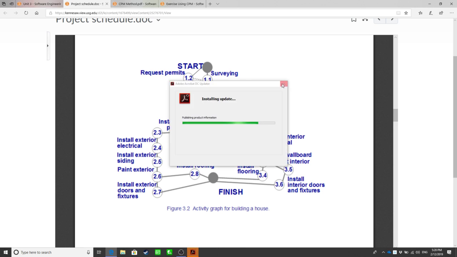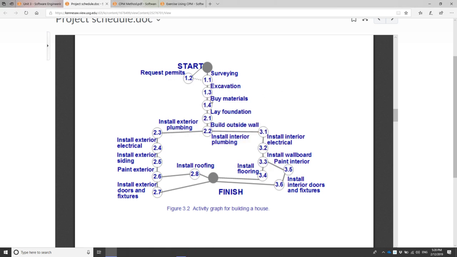Let's assume that if we go to the left, like install exterior plumbing, it will take us 6 months. And when we go to the right side, this path will take 7 months.